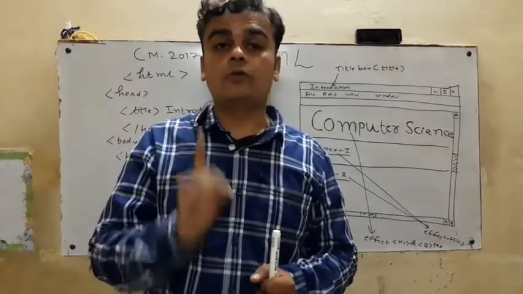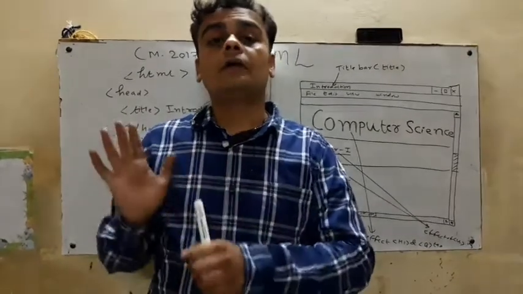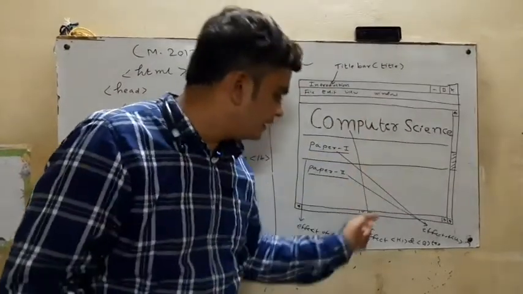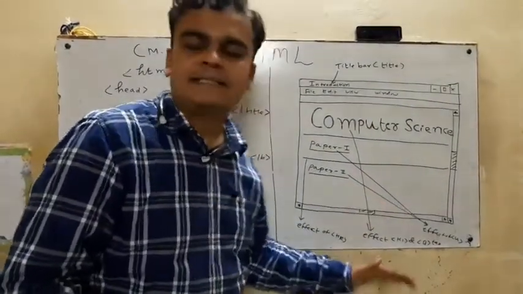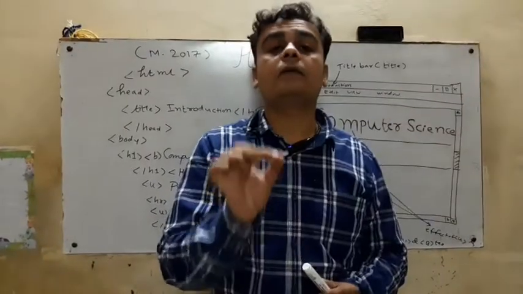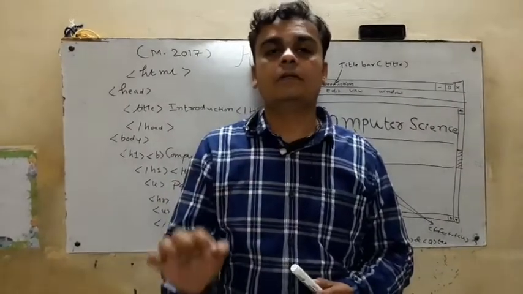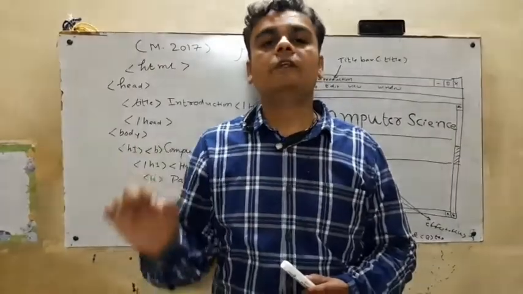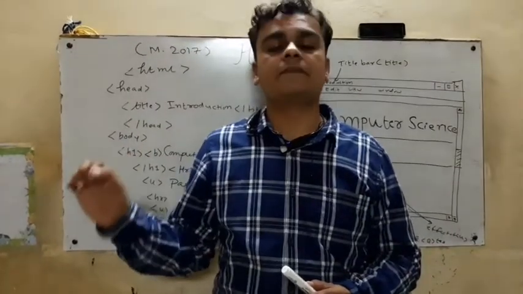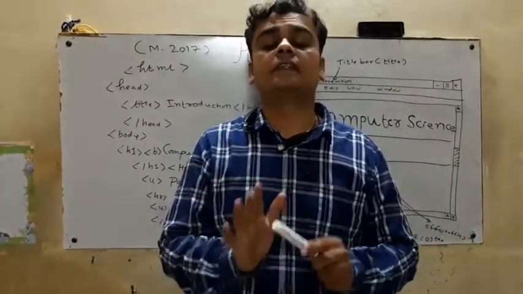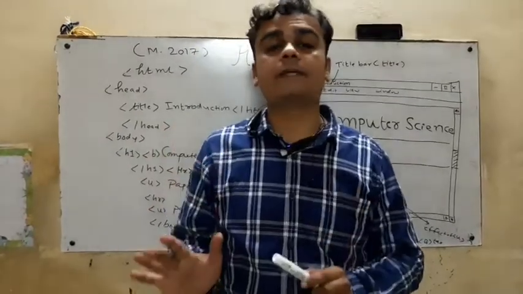So one more mark is reserved for the comment. After drawing this output, on the next line you have to write the comment: above information must be displayed with default font specification. This is the one-line comment you have to mention.